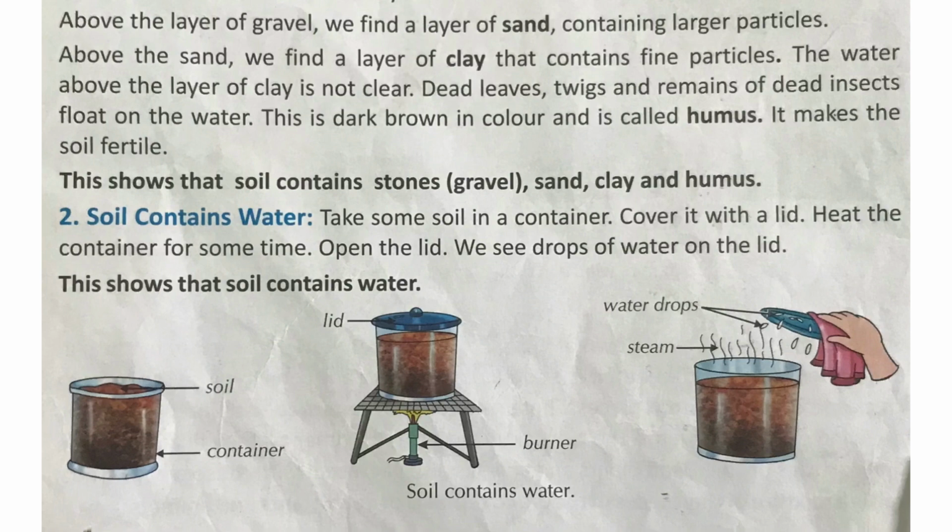The water above the layer of clay is not clear. Dead leaves, twigs, and remains of dead insects float in the water. This is dark brown in color and is called humus. It makes the soil fertile. This shows that the soil contains stones, gravel, sand, clay, and humus.